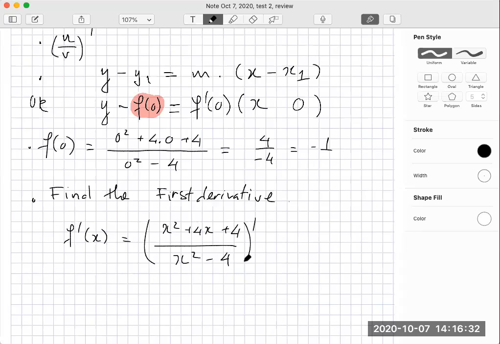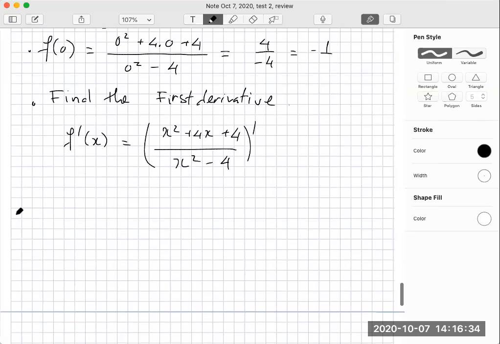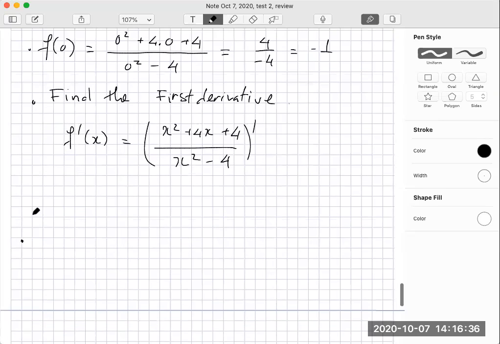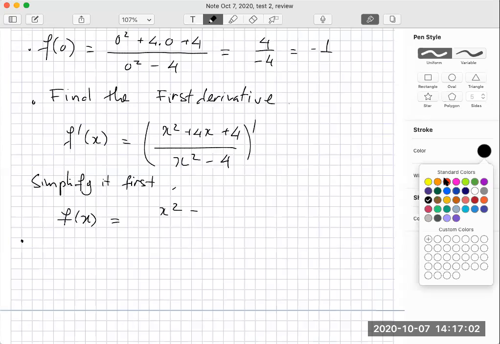Simplify. Okay, let us simplify it. So before doing this, let us try to simplify it. How can we simplify it? Would it be x squared plus x plus 4x plus 4? Let me just write down the formula we need to use. Which formula should we use here?